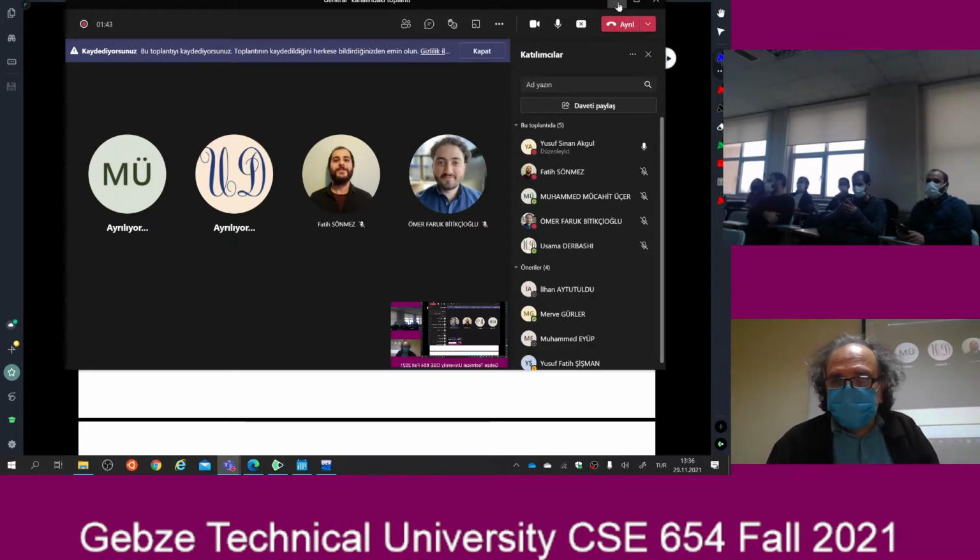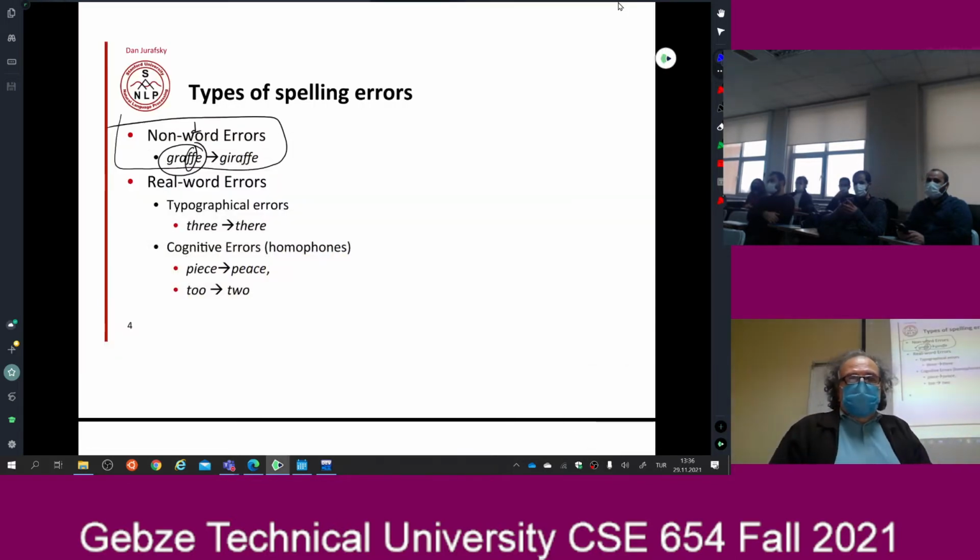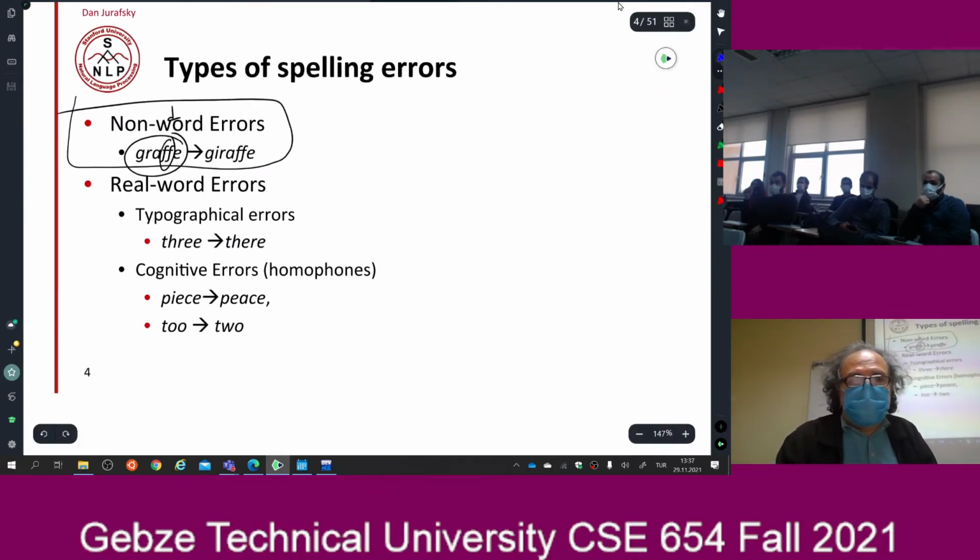So we said that measuring the distance between two words is a tool that we can use for spelling correction, but we don't know if we need a spelling correction for that word, right? So we looked at the difference between non-word errors, like giraffe or graph or grape or whatever.